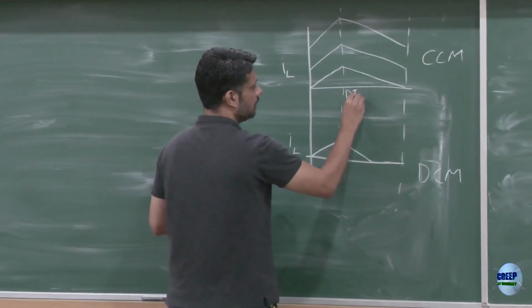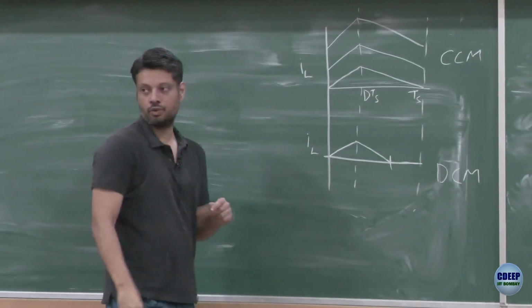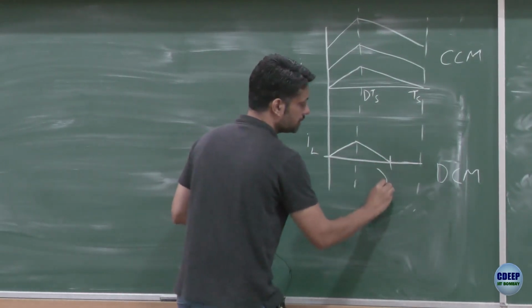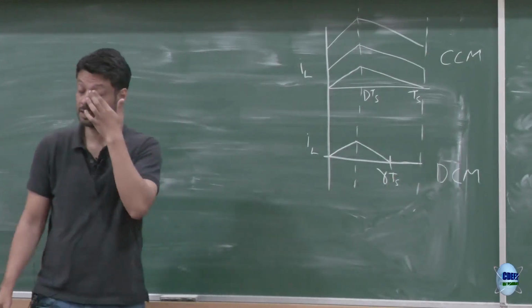So this is dTs, this is Ts. This point is a new point now. Let's just write it as gamma times Ts, where gamma is less than 1.